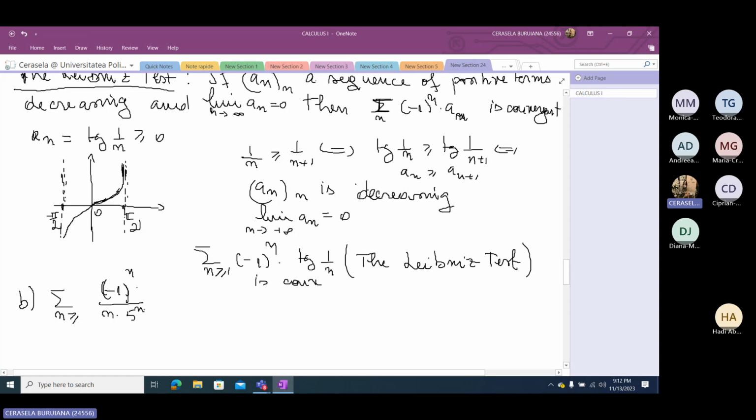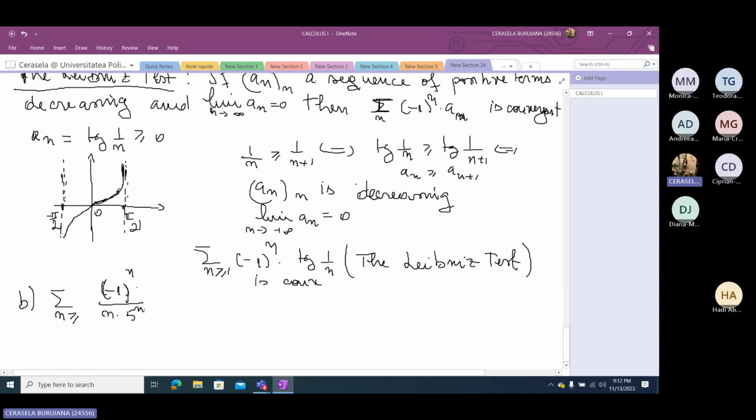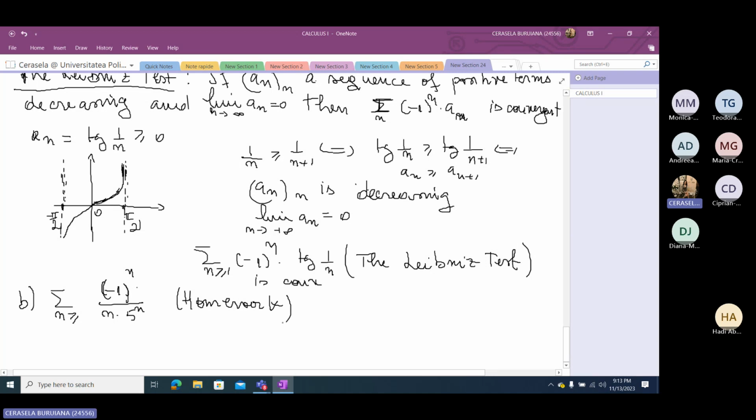What I want you to do is to study its absolute convergence and its convergence too. It's easier than what we worked. So as a small exercise, just to apply what we talked about and see what you get. Okay? Good.